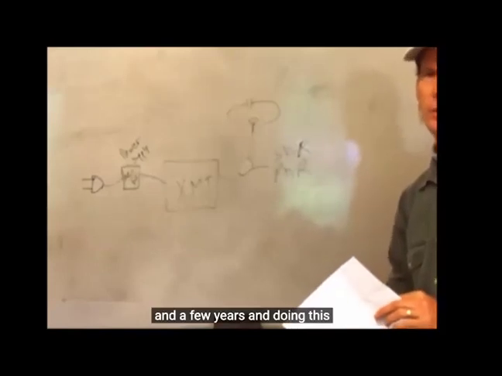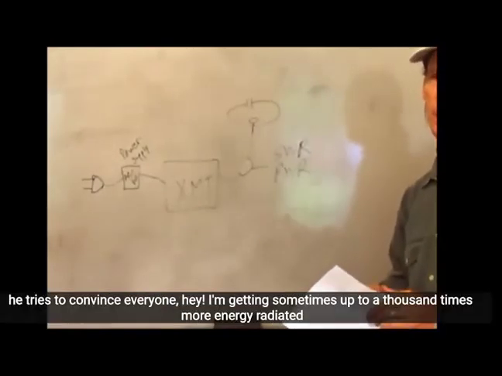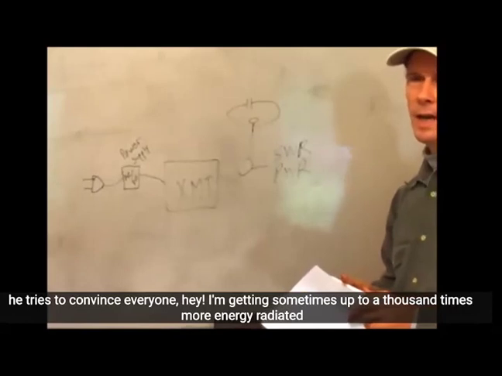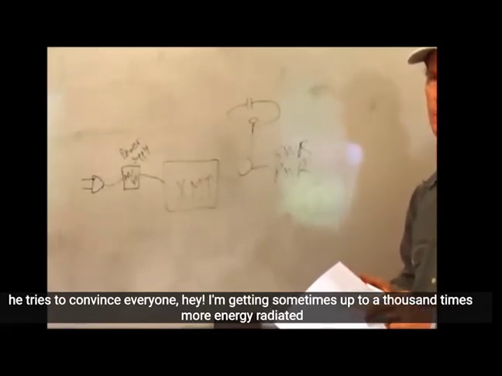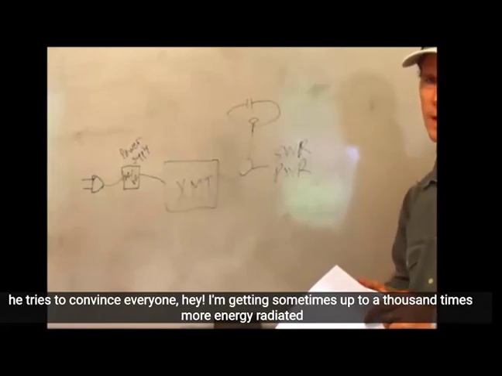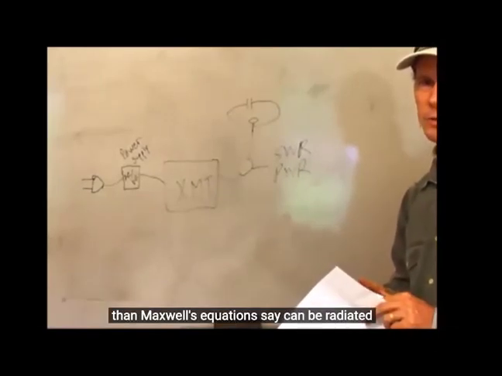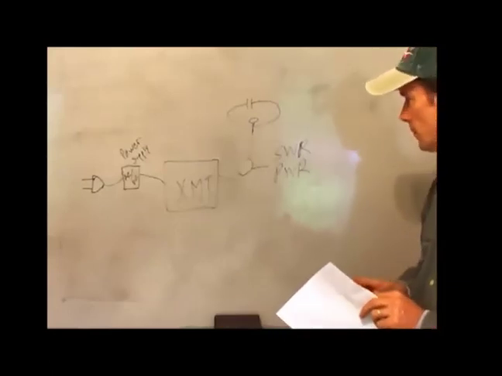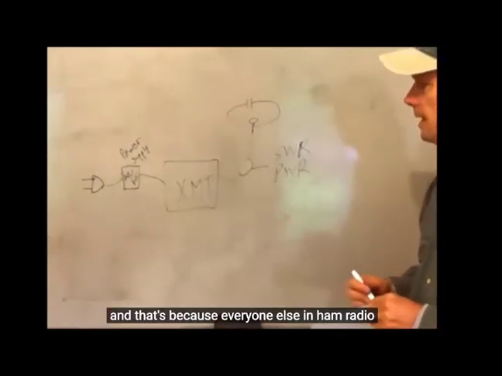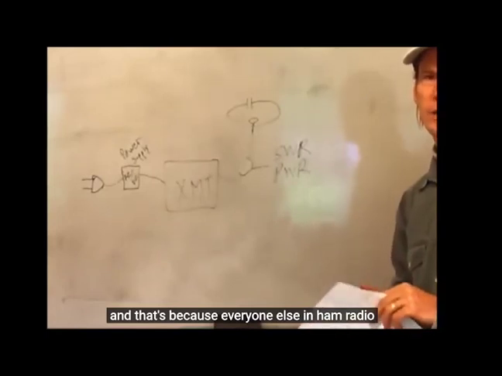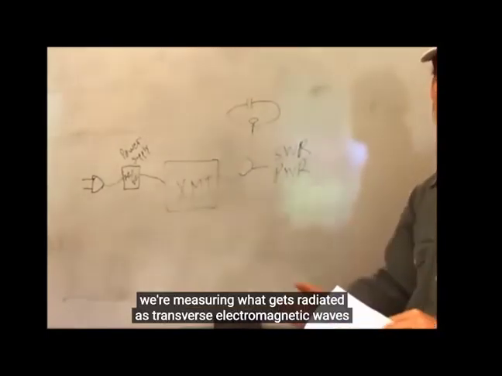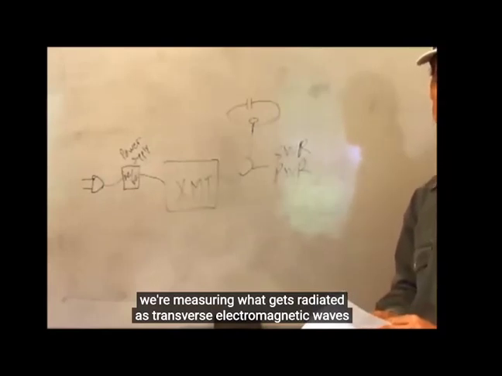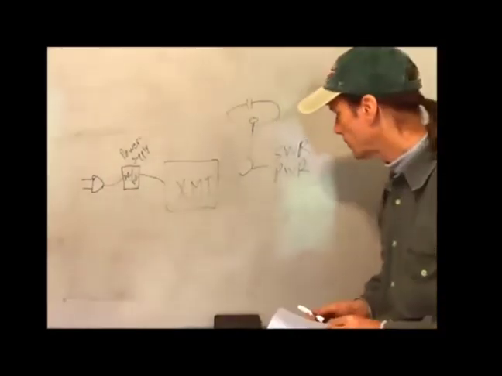And after years of doing this, he tries to convince everyone, hey, I'm getting sometimes up to 1,000 times more energy radiated than Maxwell's equations say can be radiated. And that's because everyone else in ham radio was measuring what gets radiated as transverse electromagnetic waves.